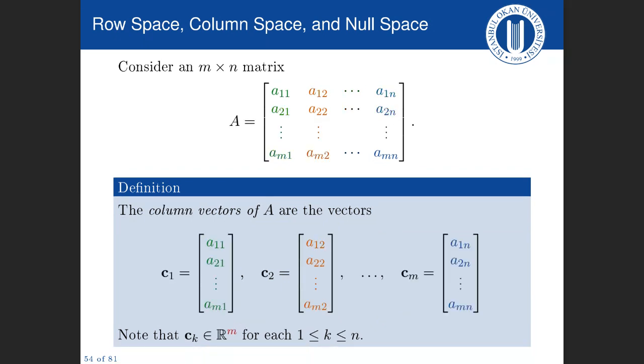And similarly, the column vectors of A are these vectors. The first column, the second column, and so on of A. Each one of these column vectors is in Rm, and there are n column vectors because A has n columns.